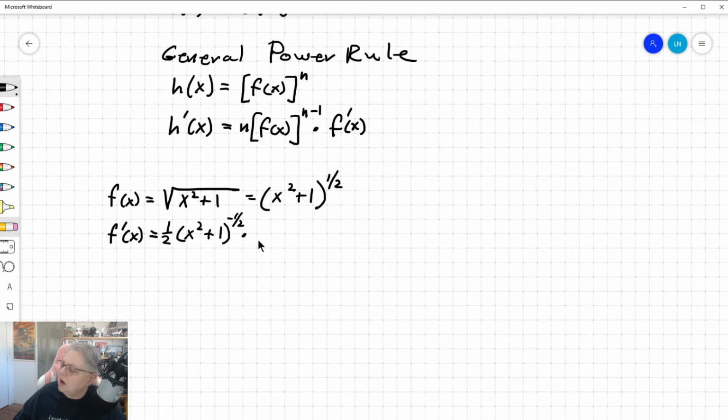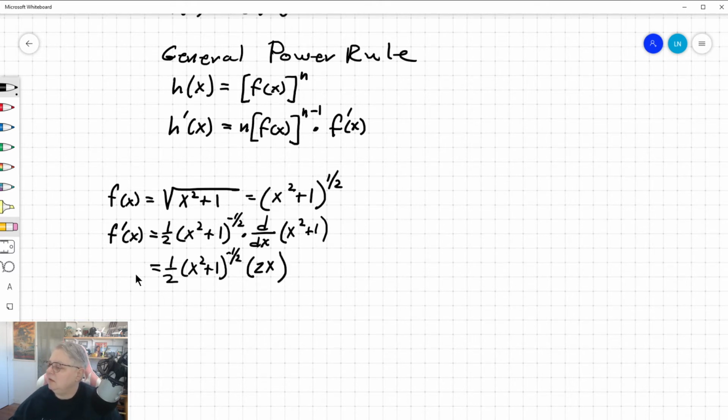Then I say times the derivative, and I'll do this in 2 steps, the derivative of the inside, x squared plus 1. So this ends up being 1/2 times x squared plus 1 to the minus 1/2. Then this derivative is: the derivative of x squared is 2x. The derivative of 1 is 0.